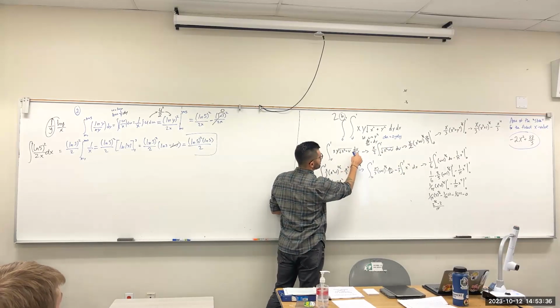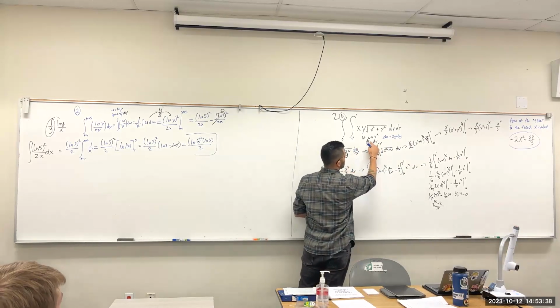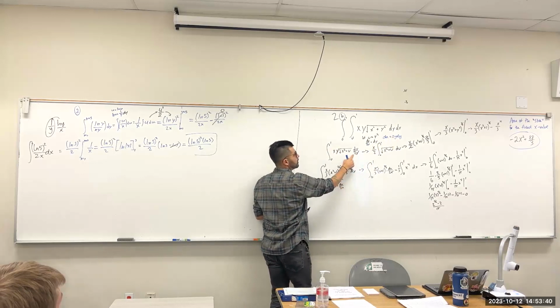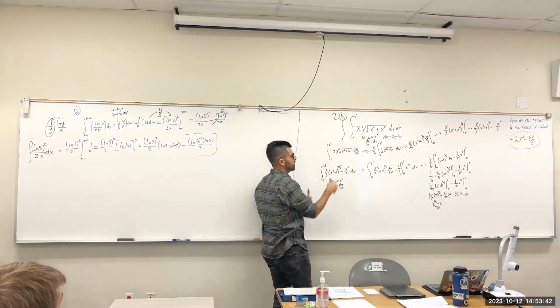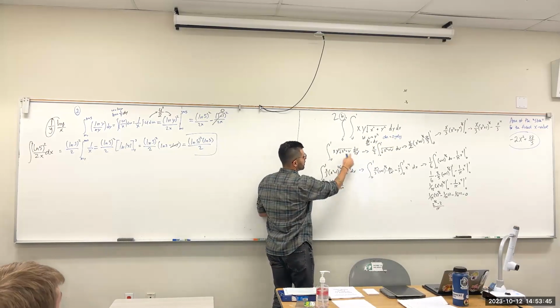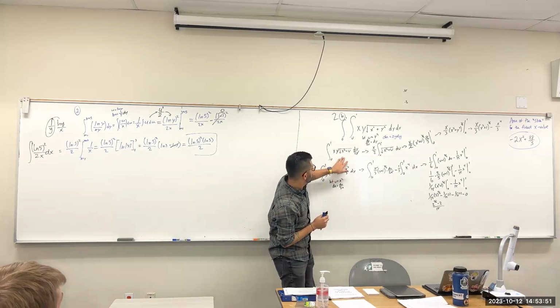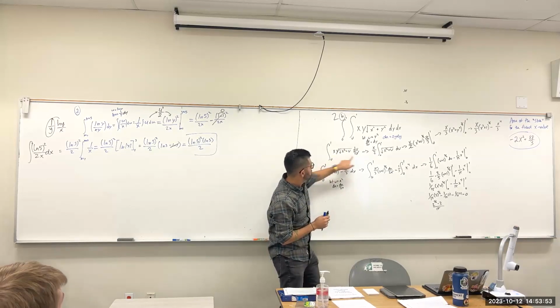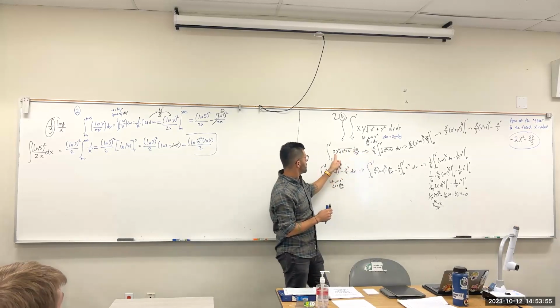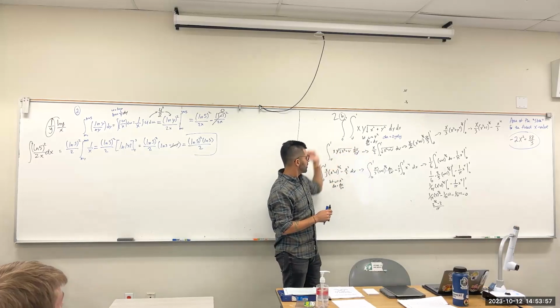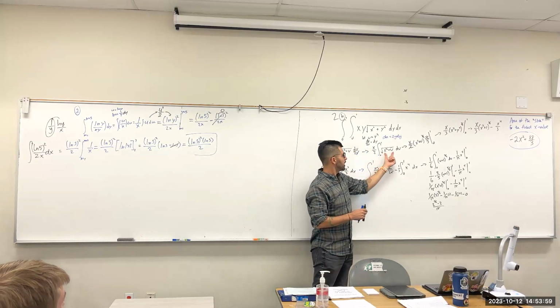The dy got replaced with du over 2y, which is a different way of doing it. Then the y's ended up canceling here and you replaced this with the u. You got that 2 here. This is just a constant with respect to u, so you took out the x. This one you cannot take out, so you had to leave it.